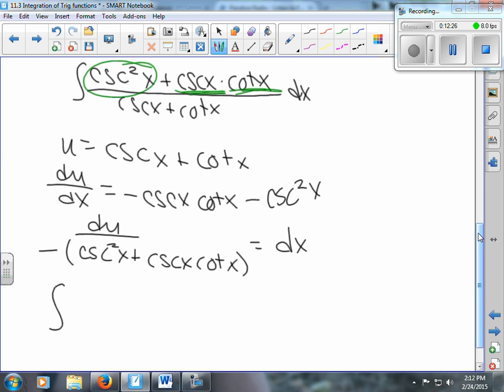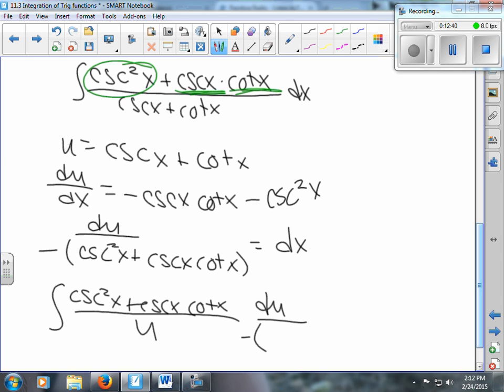this numerator, which I highlighted certain parts in green, cosecant squared x plus cosecant x cotangent x. The bottom I let be u, and then the dx changes to du over, and then that negative factored out, cosecant squared plus cotangent x cosecant, I wrote that, it's the same thing.